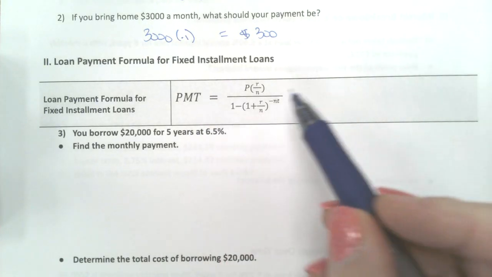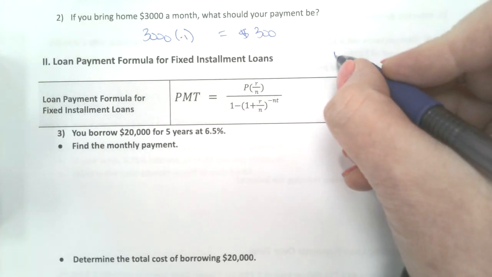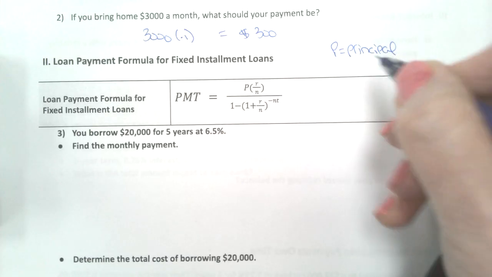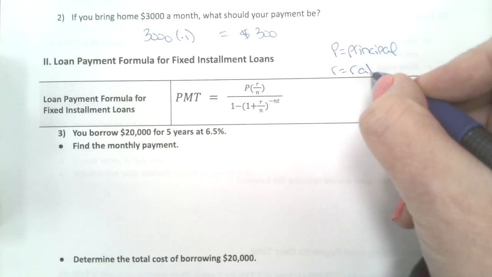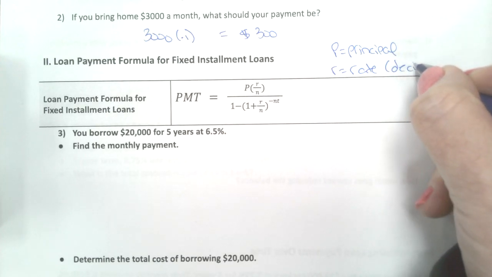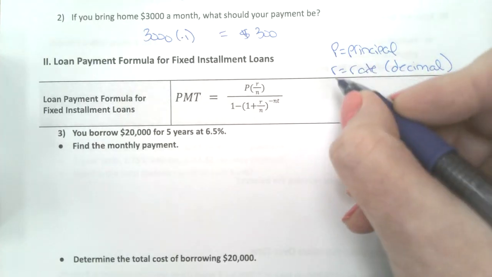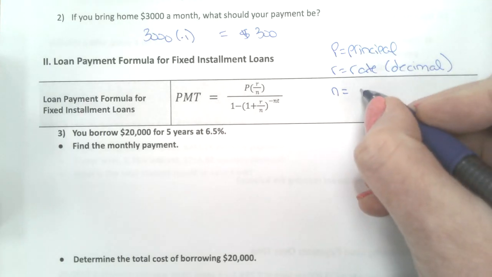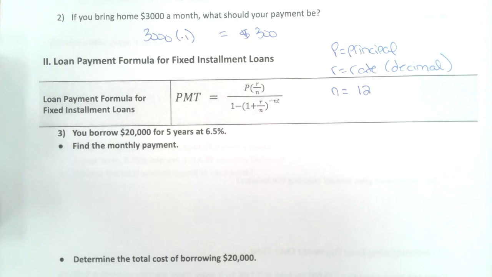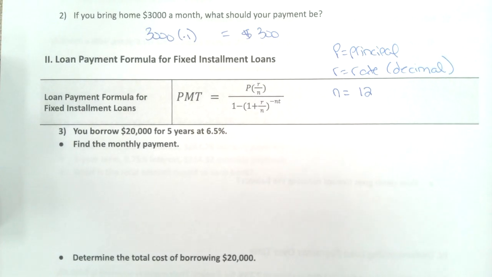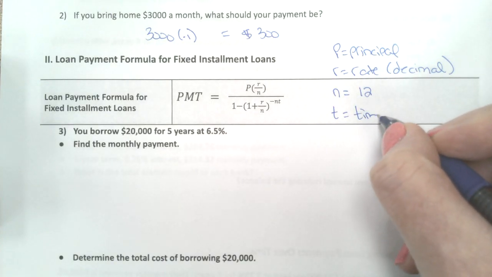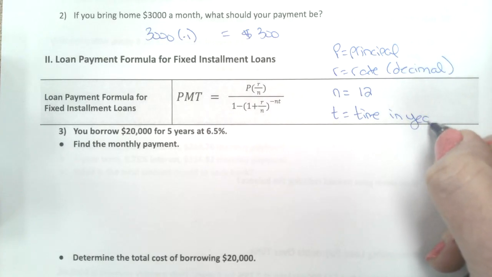So for the payment formula, P is going to be your principal. R is going to be your rate. We're definitely going to turn it into a decimal. We've done N before. It's the number of times something compounds. For this, it's always going to be 12 because we're going to make a payment every month. And T is going to be your time in years.